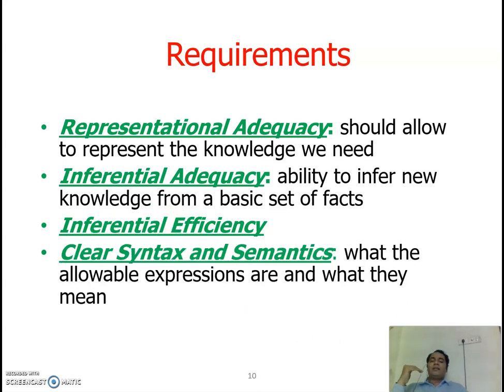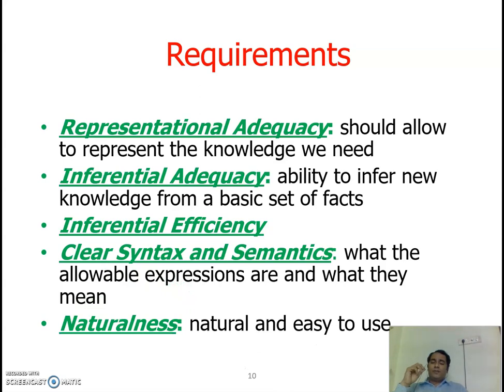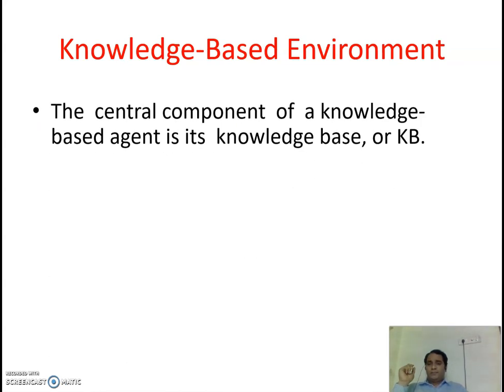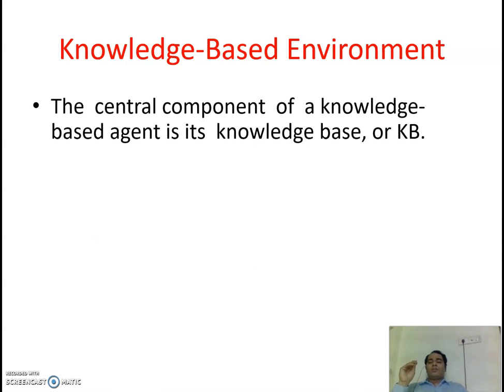Clear syntax and semantics: what the allowable expressions are and what they mean. It should be very clear, and it should be very natural and easy to use. That's what we call naturalness. Now the basic knowledge based environment: the central component of a knowledge based agent is its knowledge base.